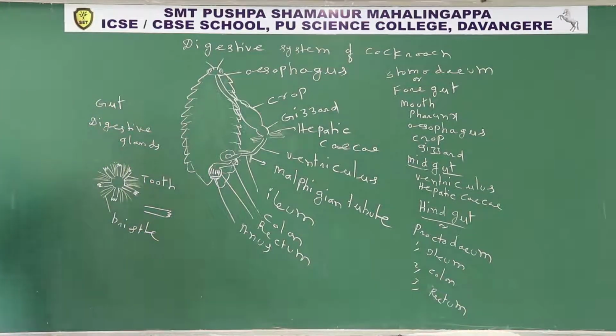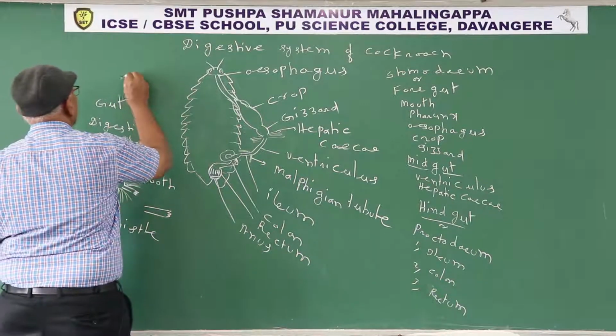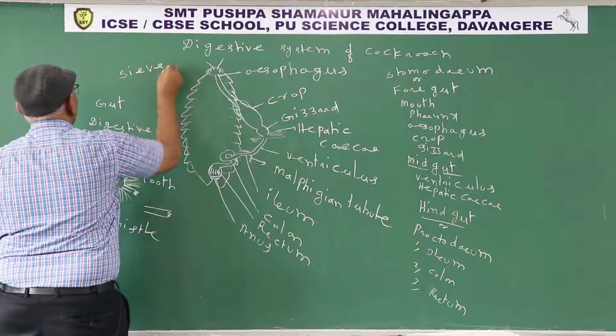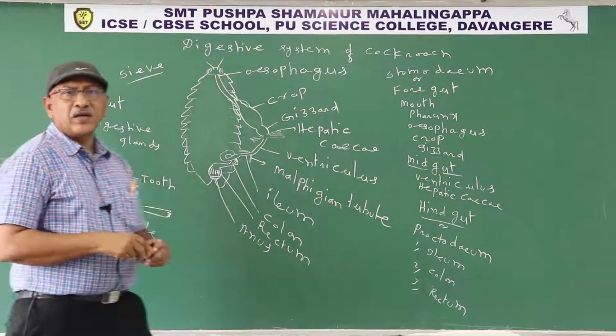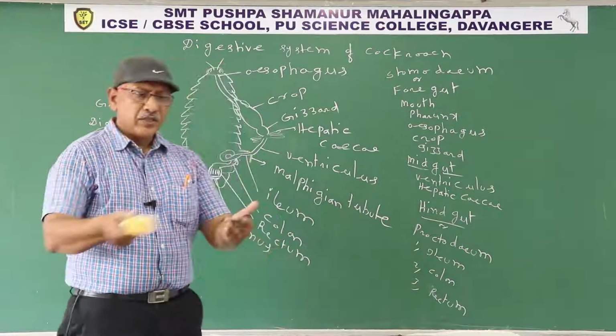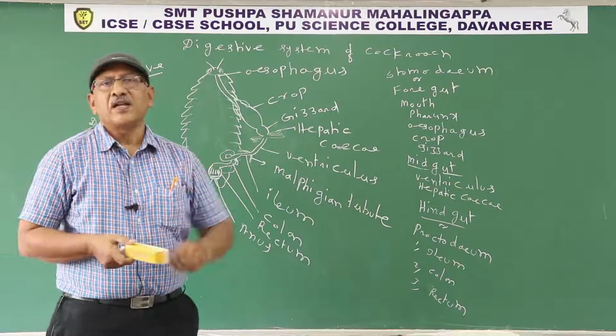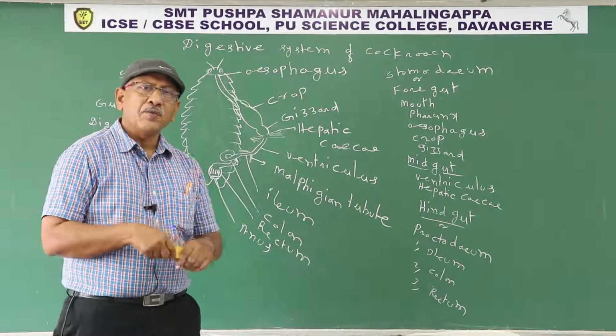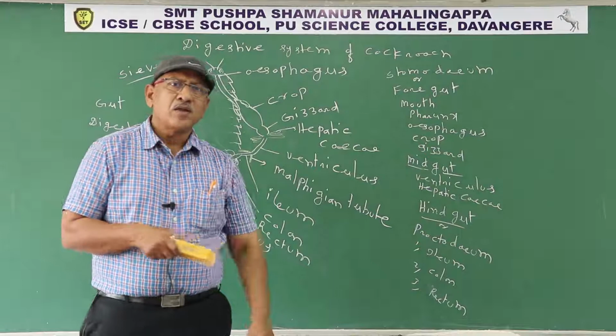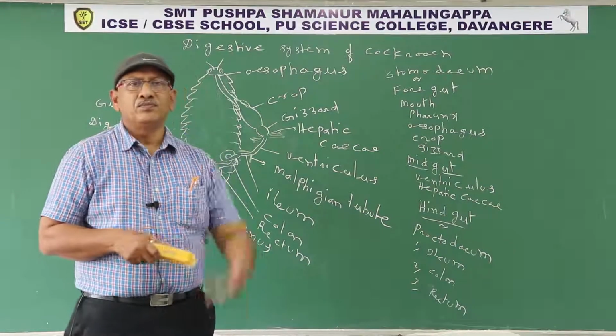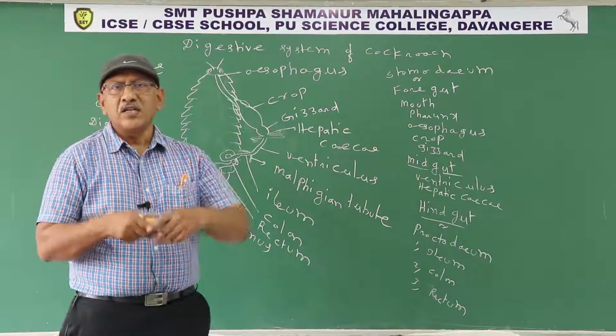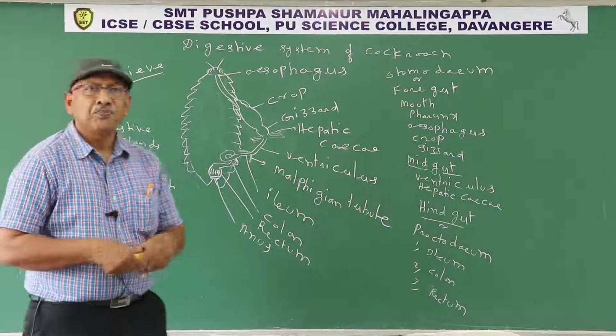Sieve means filtering apparatus. In the kitchen also they use a circular filtering apparatus to remove the large or coarse particles in powder, maybe wheat powder or rice powder.